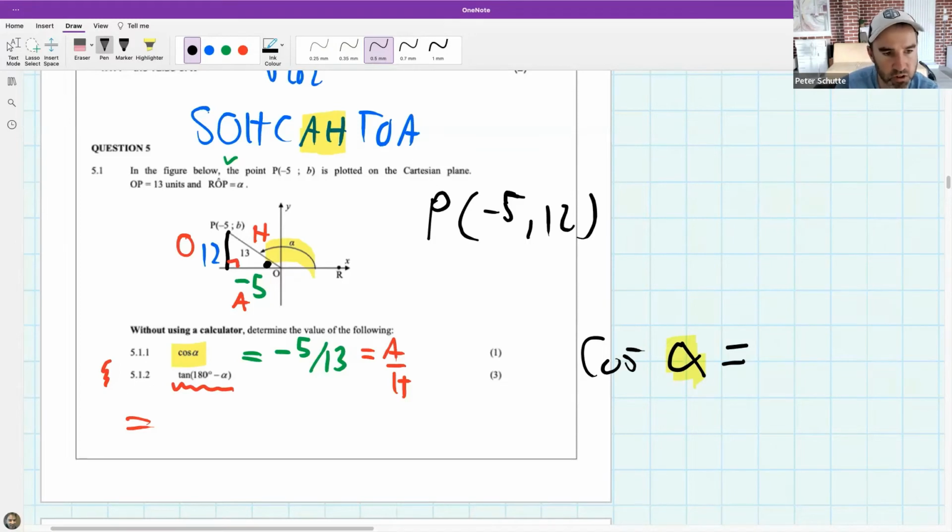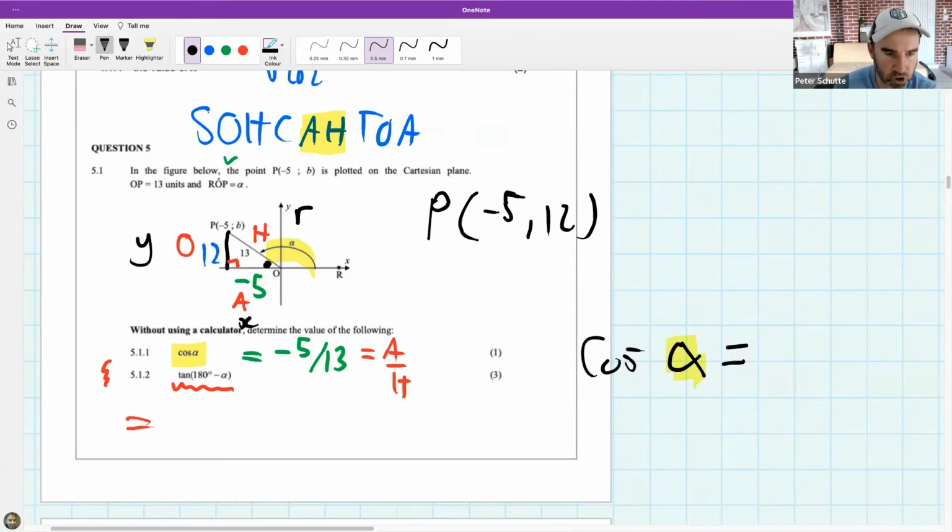Now, because it's going along with the y-axis, sometimes we would say that it's just y. Can you see how it's in line with the y-axis? Sometimes when people do trigonometry, instead of using O, A, and H, they use X, Y, and R. So the hypotenuse is 13. It's opposite the right angle, but sometimes we will call that R. And then the A, in this case, is along the x-axis, so sometimes we call it X.